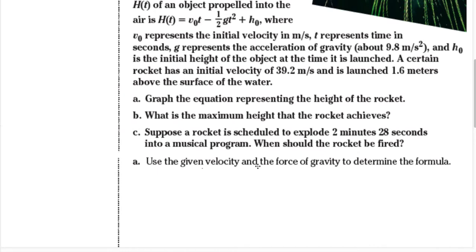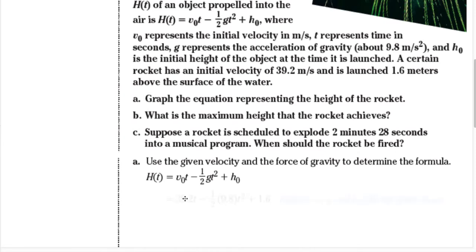In letter A, use the given velocity and the force of gravity to determine the formula. So we rewrite the equation h(t) = v sub 0 t minus 1/2 g t squared plus h sub 0, and we simply substitute the value for v sub 0, which is 39.2, and the value for gravity, which is 9.8.